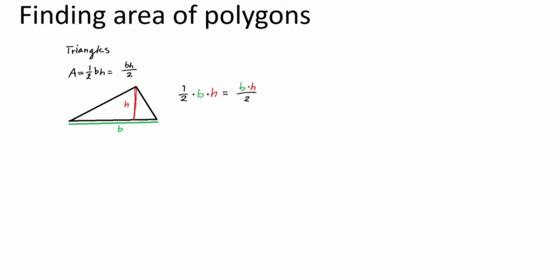So I'm going to try to recreate that triangle to the best of my ability. But actually, let me start with a rectangle. And this is going to make sense here in a second. So let's say we have a rectangle. And now let's try drawing this exact triangle into this little bit here.